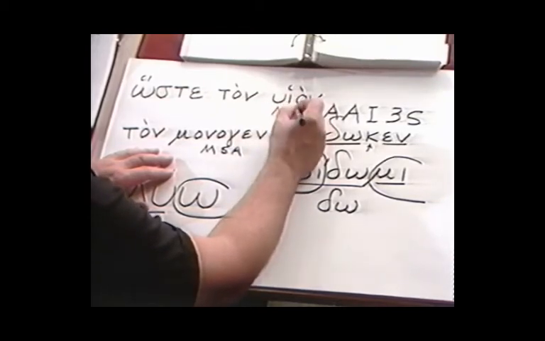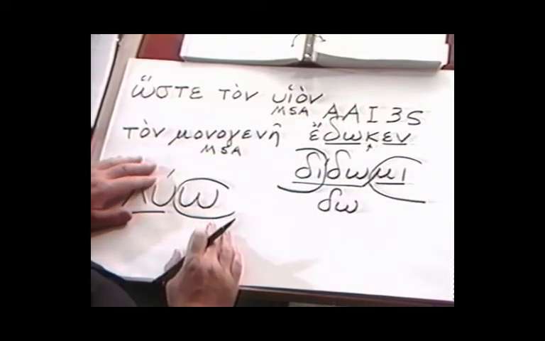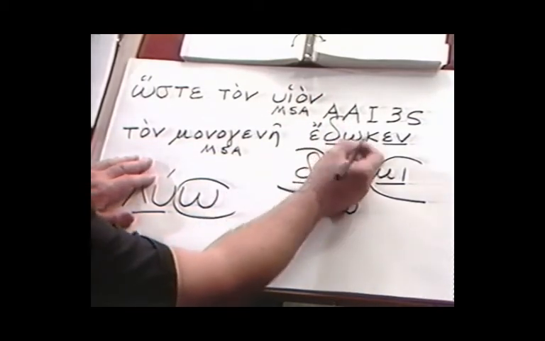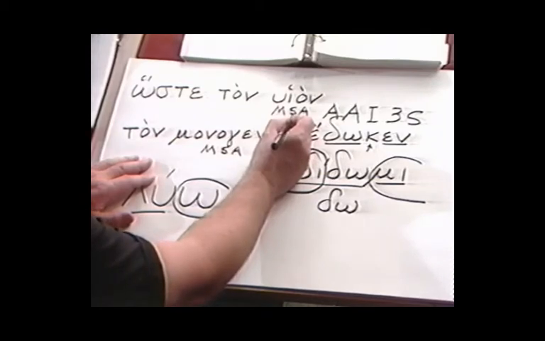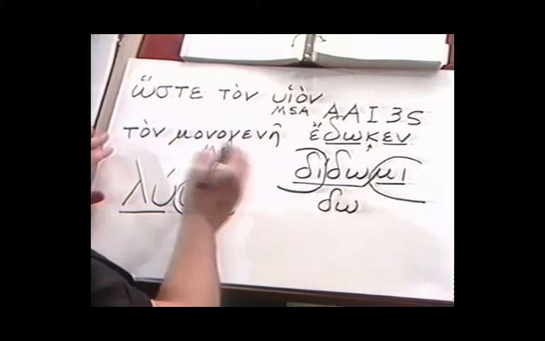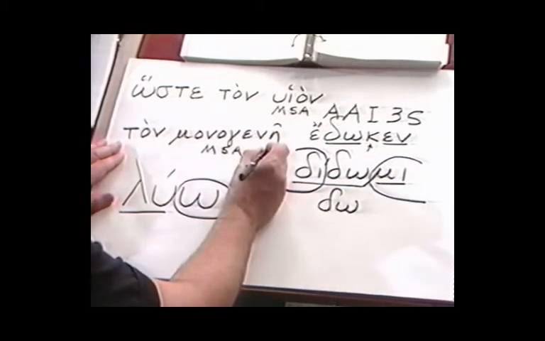And with this ending, we know it's singular accusative. So there's our direct object. He gave the Son. This word monogene is actually an adjective, and it means only begotten.